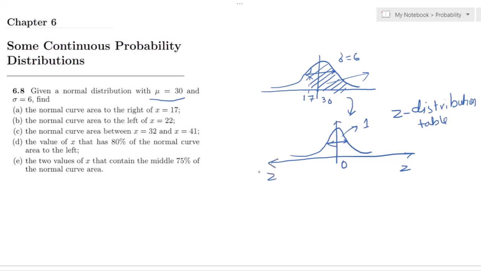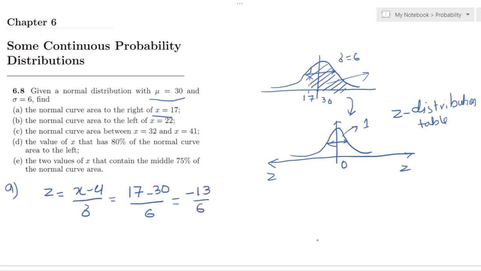Now let us first solve part A of my question. First of all, transform all of this into the z table. We know that for this value of x equal to 17, the value of z would be equal to x minus mu divided by sigma. Let me put the value of x, which is 17, the value of mu is 30, and the value of sigma is 6, so it would be minus 13 by 6.